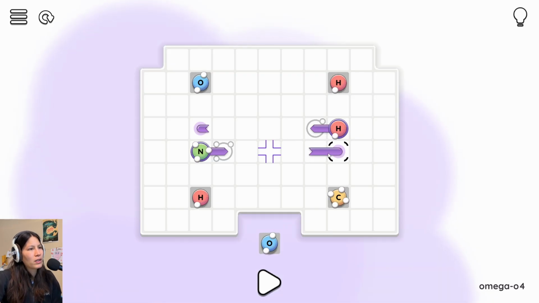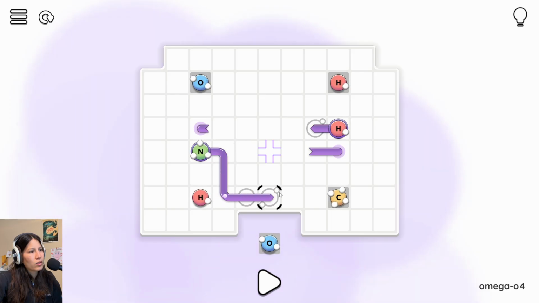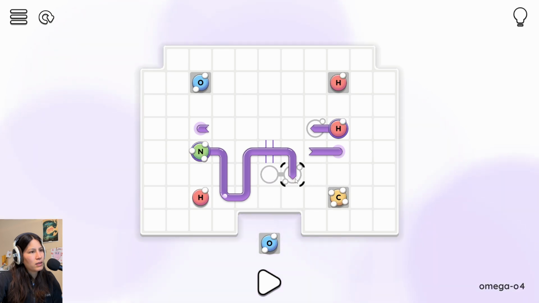How do I get from here? H. Go like that. C. No, but I can't do. That's the problem with that, it blocks off this. Because if I use that, this has to come down from here.